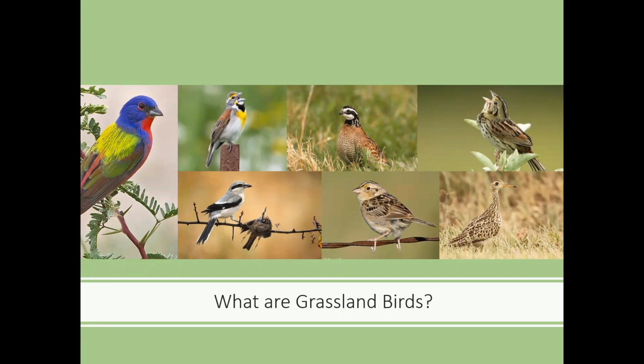And we're talking about birds that require this type of plant community during all or part of their life cycle, where grasslands supply at least some of what they absolutely must have to survive on a regular basis.